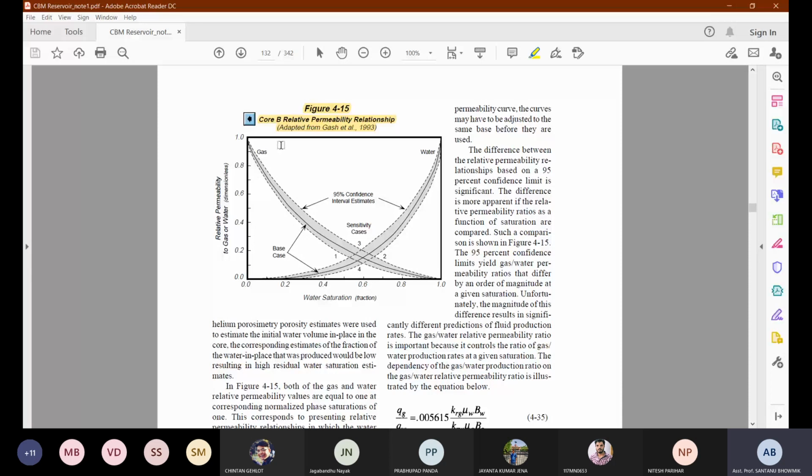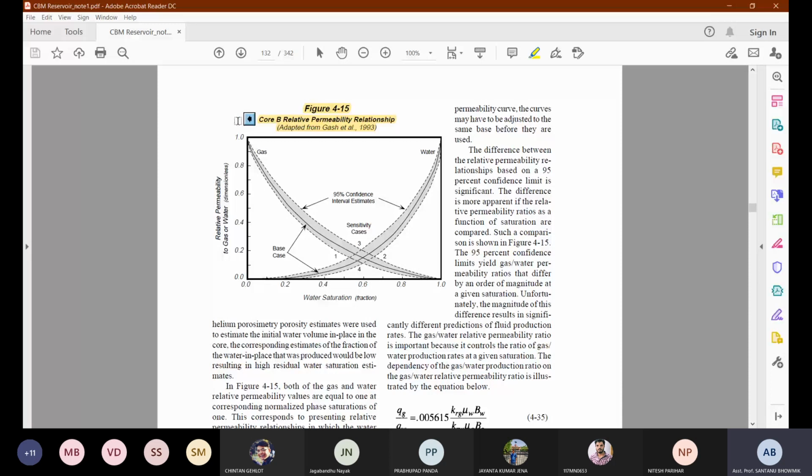So the gas saturation is going to increase now, while water saturation is going to reduce. Okay, in this way, when the water saturation again reduces, the gas saturation again increases, and at the production, after some time, whenever the water rate is very much stabilized, you will see a very high amount of gas production coming out.